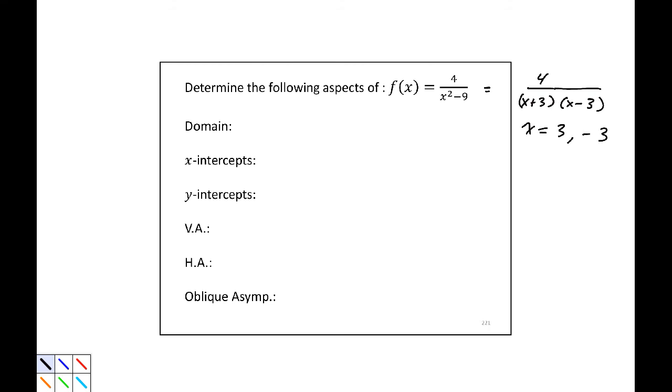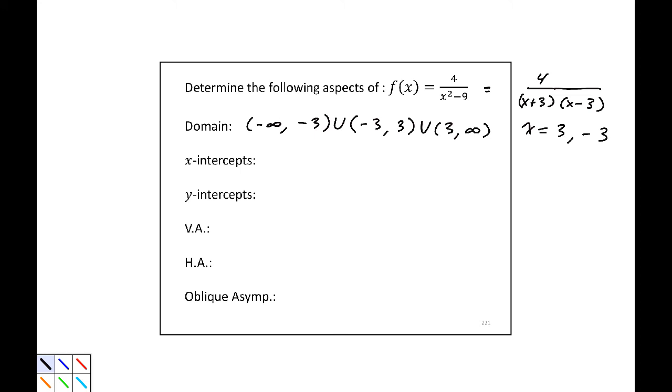Which means our domain, in interval notation, is the interval from negative infinity to negative 3, union the interval from negative 3 to positive 3, union the interval from 3 to positive infinity, all with open parentheses.